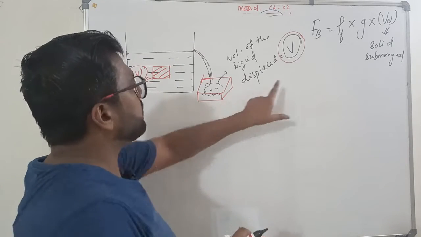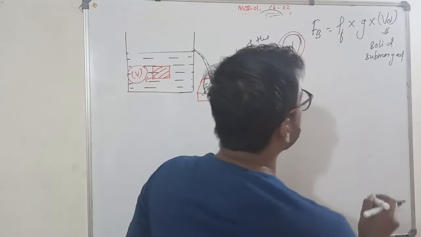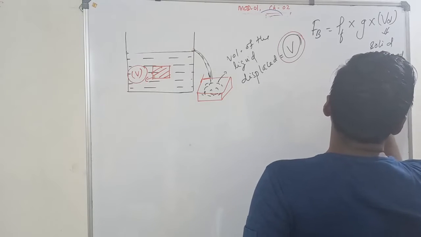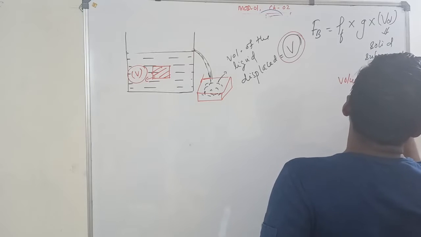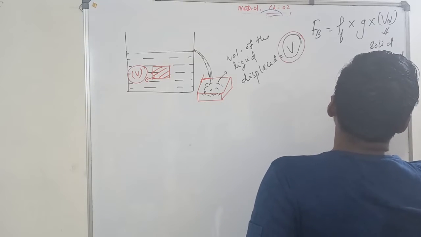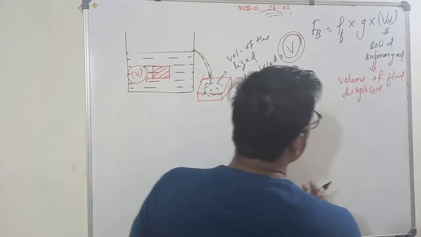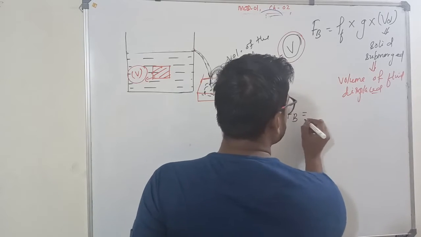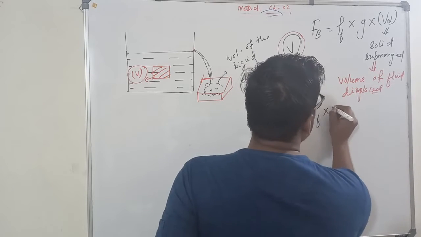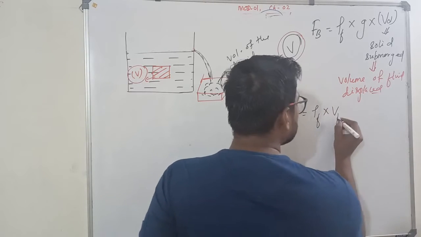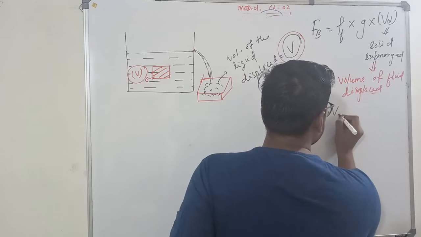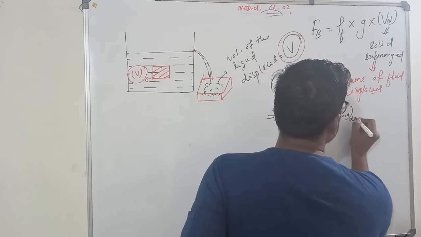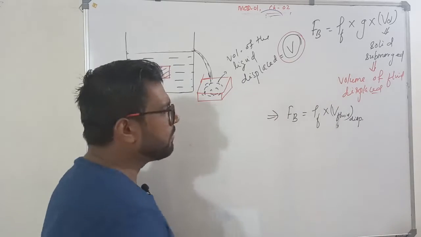Now from this experiment, what do we come to know? The volume submerged is nothing but the volume of liquid displaced, the volume of fluid displaced. So from next time onward, I will write FB, the force of buoyancy, as the density of fluid multiplied by the volume of the displaced fluid, V, multiplied by g.